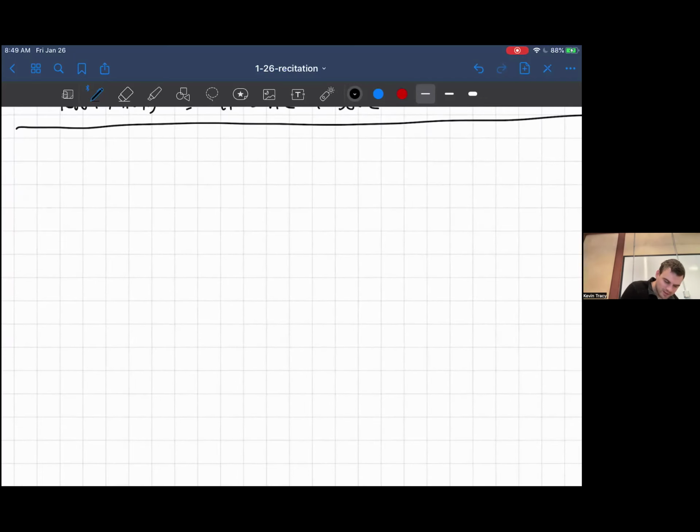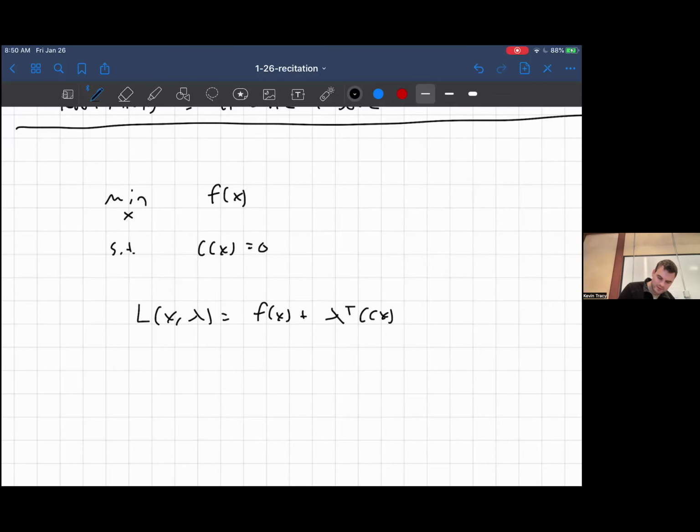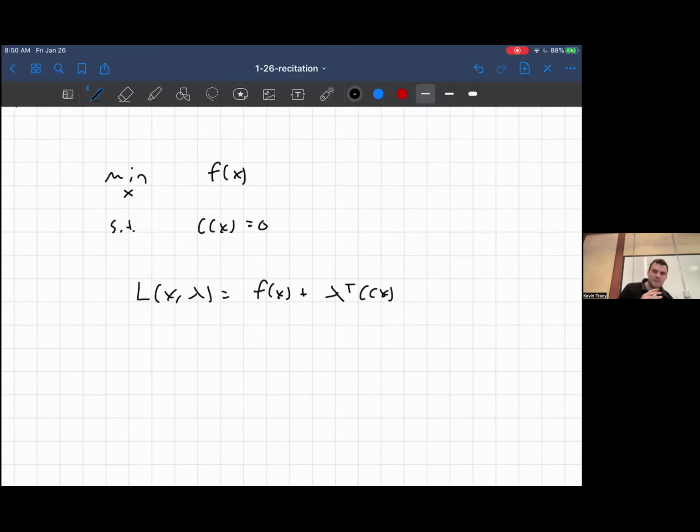What we're looking at is if I have a constrained problem, let's start by writing out the optimality conditions. So this tells me that I have a Lagrangian that equals f of x plus lambda transpose c of x. And then my optimality conditions, the first one is called stationarity. This is the gradient of the Lagrangian equals 0.